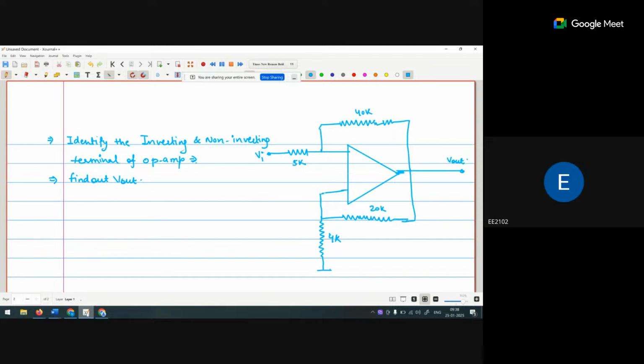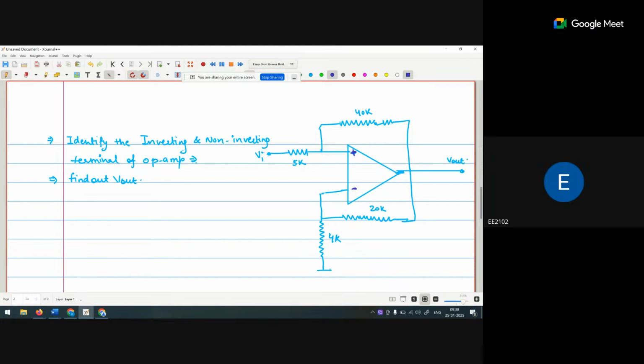Which terminal is positive, which terminal is negative, first of all? The bottom terminal should be inverting, and the upper one is the non-inverting.